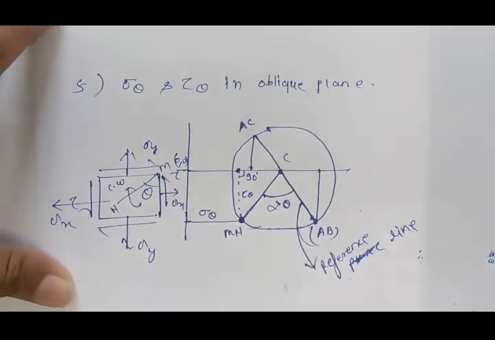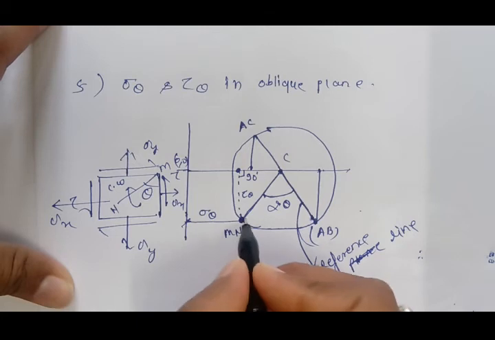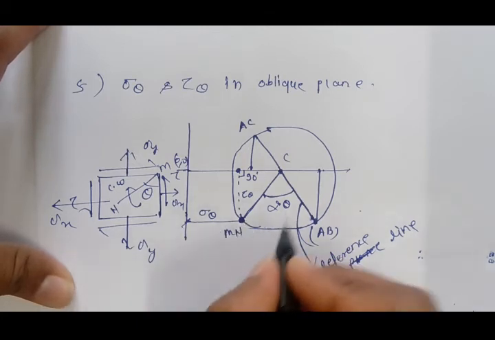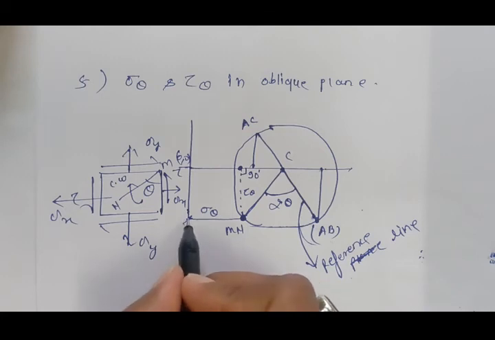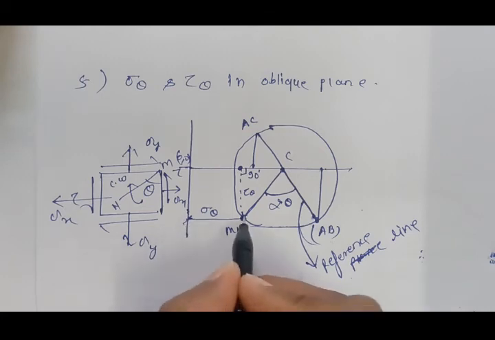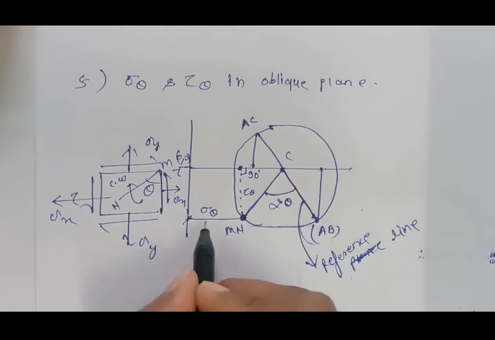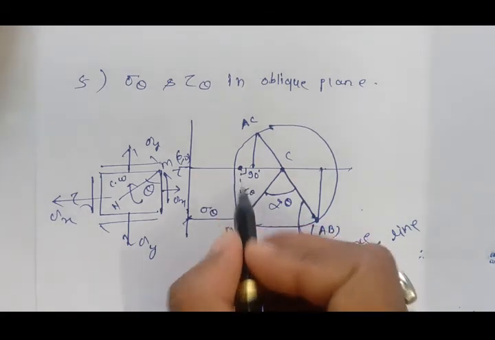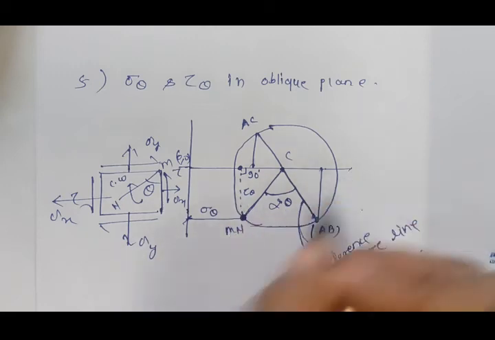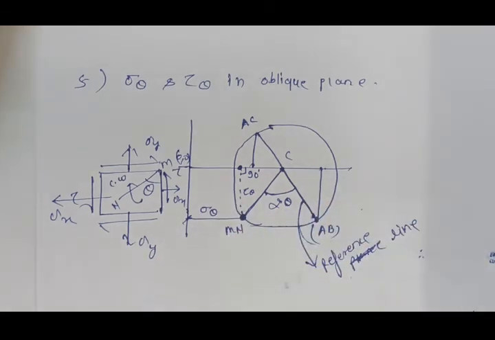You can measure through the scale, and whatever the length is, you can convert it into stress. So sigma theta from the origin, and tau theta in the oblique plane, you can find by drawing this perpendicular line onto the normal stress axis.